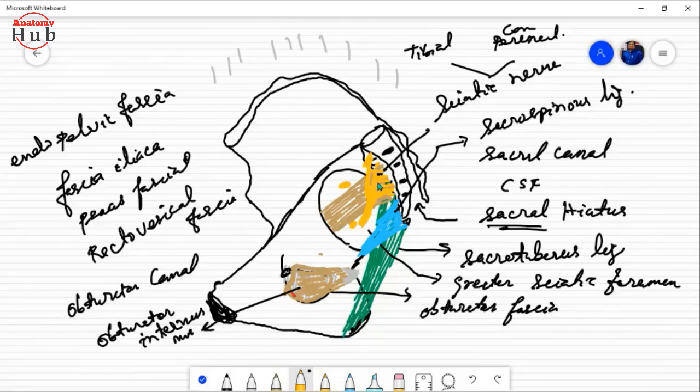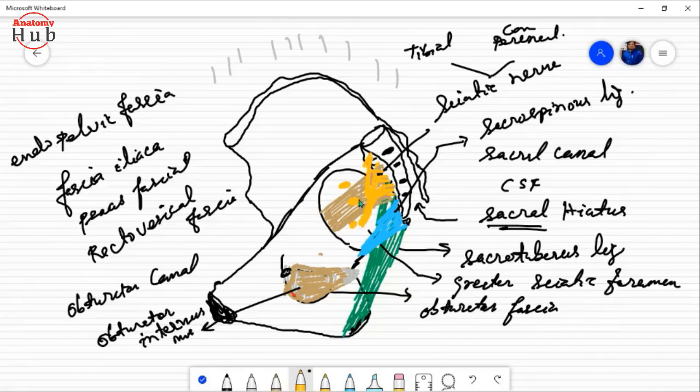And in some cases, in 10% of cases, you'll find that the sciatic nerve pierces the piriformis muscle and goes outside, whether it goes inferiorly or superiorly, and then goes towards the lower limb.